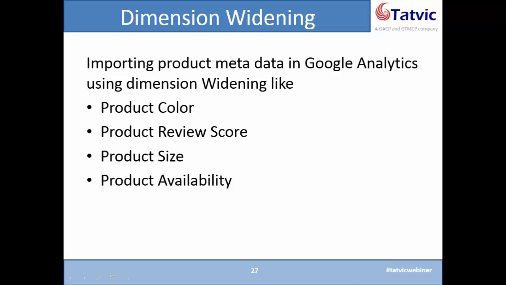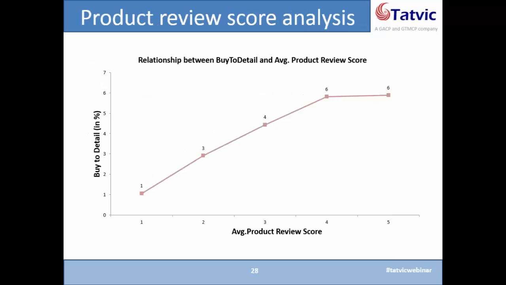How it impacted: one of the analyses that we did was to identify the relationship between the conversion rate of a product and the average review score. And we found that there was a strong correlation, a strong R-square, with the buy-to-detail percentage. That's the ratio of the number of transactions to the number of views for a given set of products.